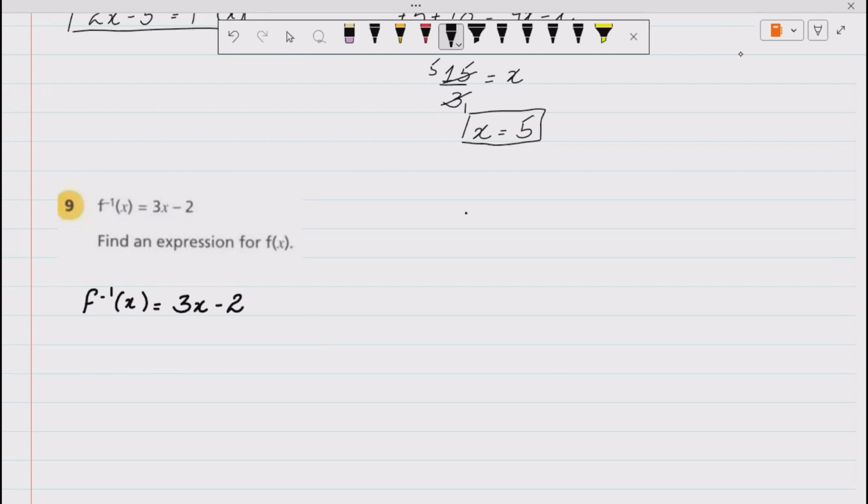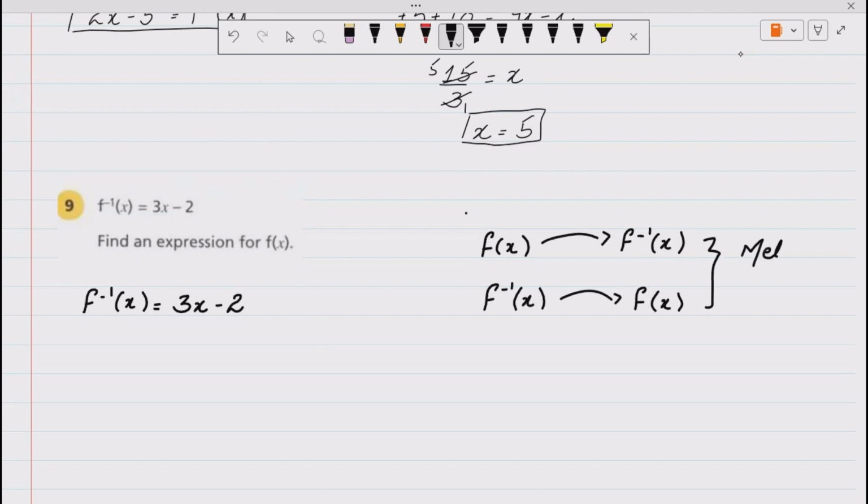So the procedure is the same whether you are given f of x and asked to find f inverse of x, or whether you are given f inverse of x and asked to find f of x. The method remains the same, which is the 4 usual steps we follow when finding the inverse of any function.